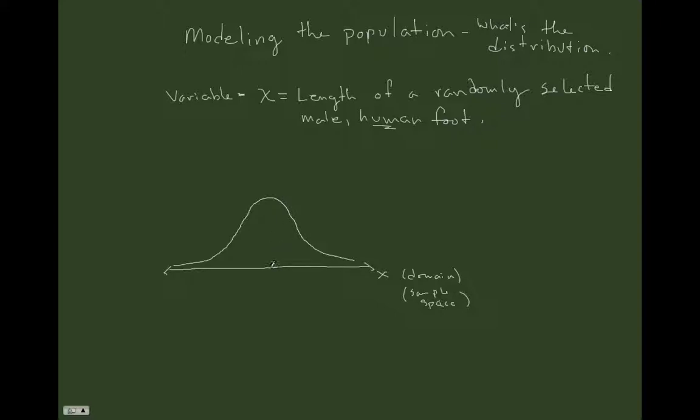I'm just working on this idea of how big this footprint really is. And what I'm putting right in the middle is our population mean that I came up with, 11 1/8 inches.